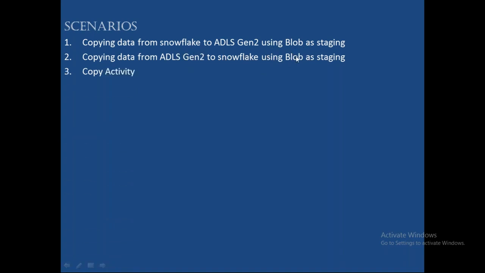Next, we will use copy activity in today's session. Then one more thing, you cannot create a linked service to blob storage using an account key. If you try to create a linked service with an account key, that kind of linked service will not work in Snowflake. So you need to use a SAS URI.